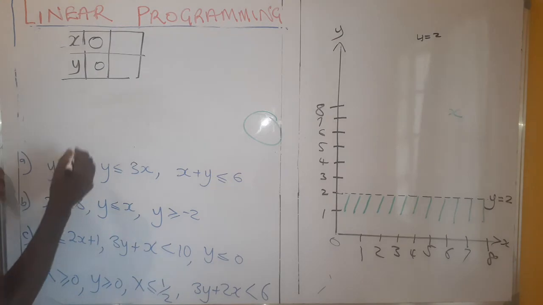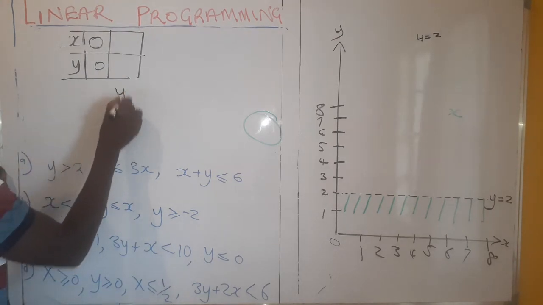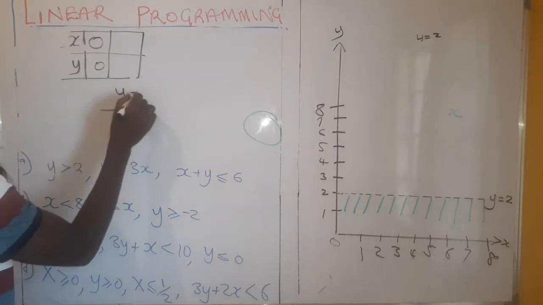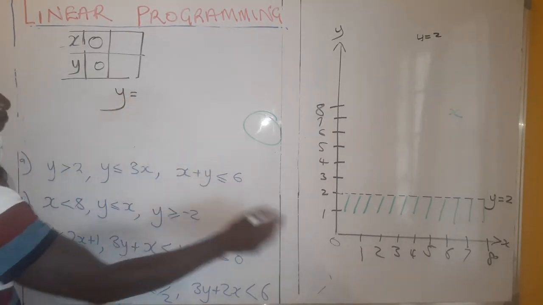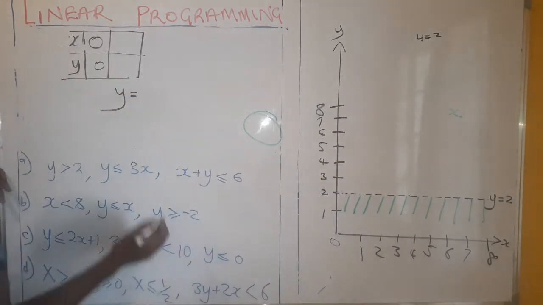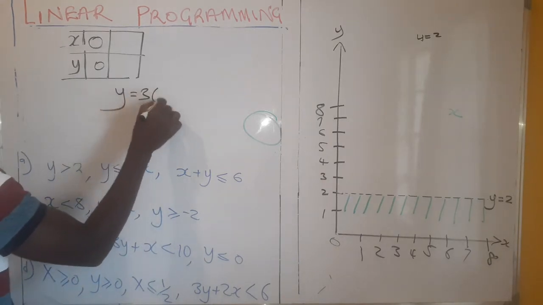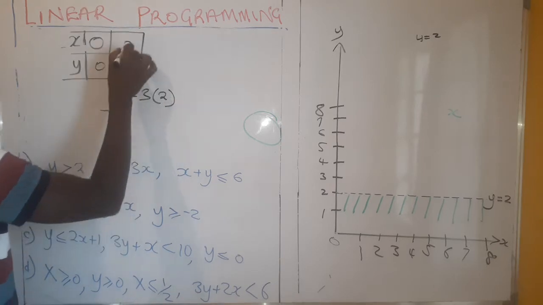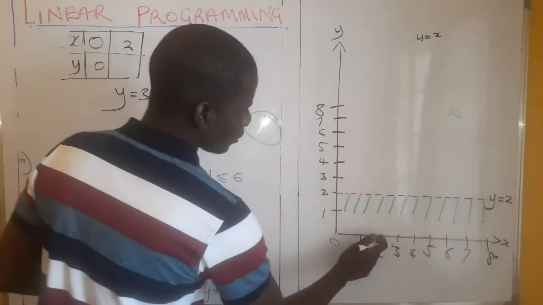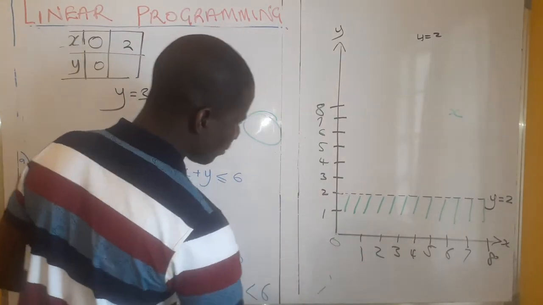Then I'll go on and say, I just want to get another coordinate somewhere there. Say my x is 2, I put 2 here. What will be my y?